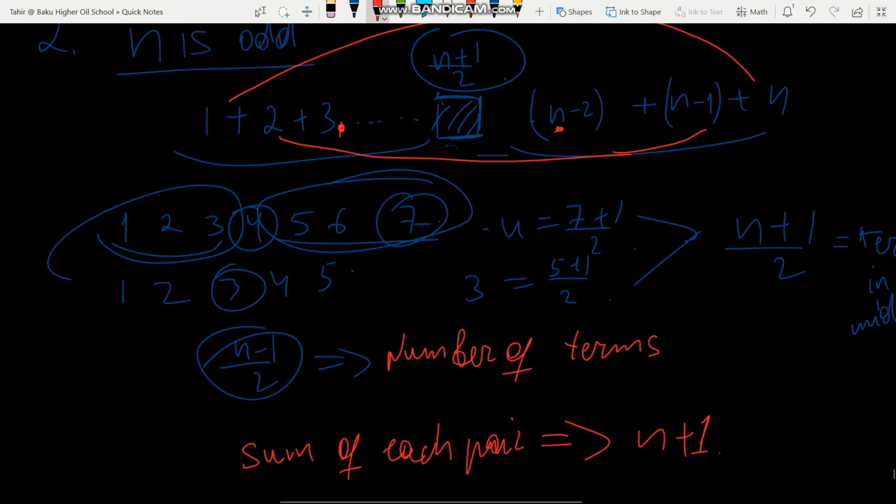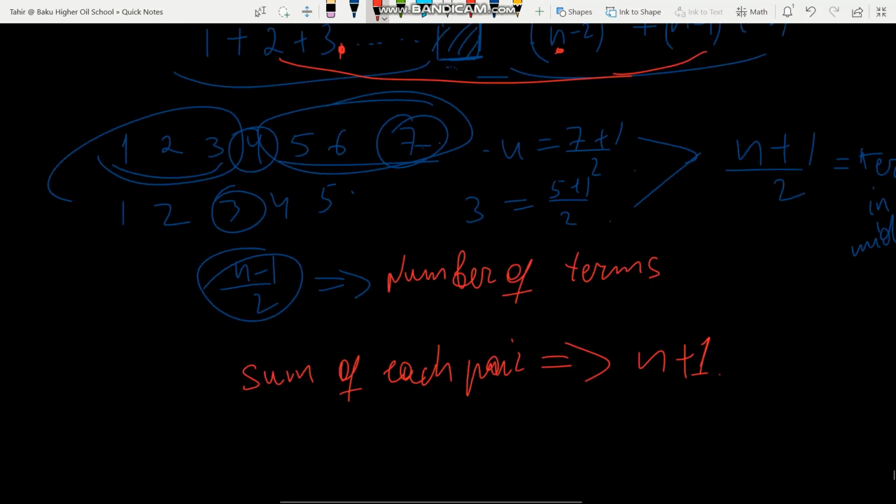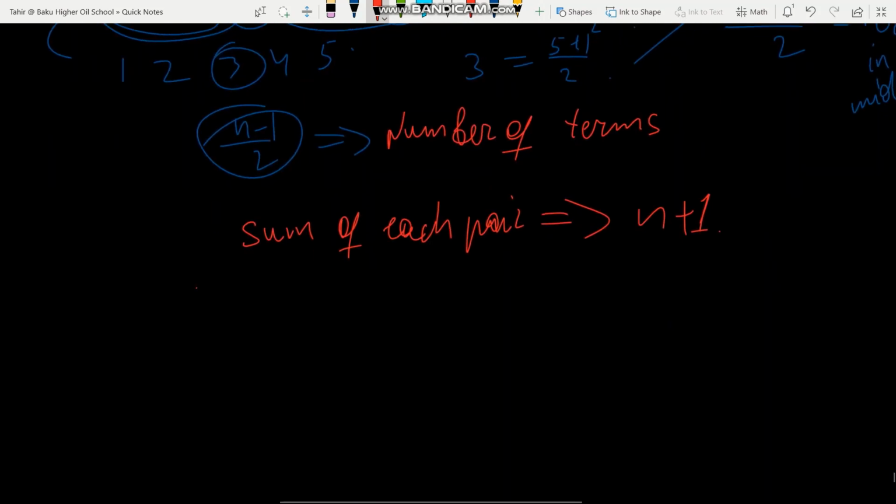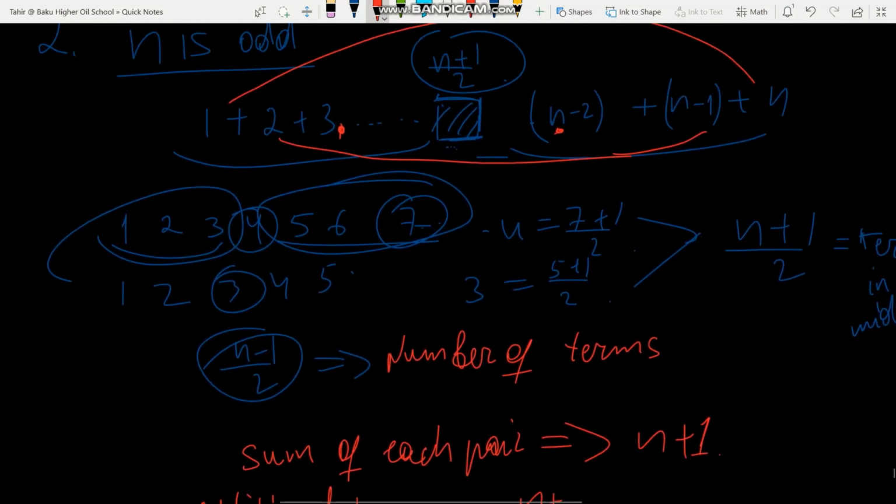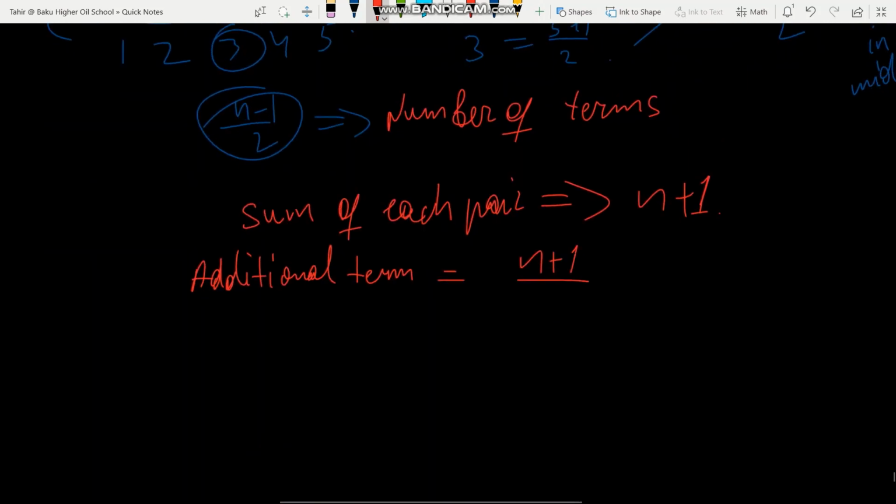And we also have one additional term here, the middle term, which is equal to n plus 1 divided by 2.